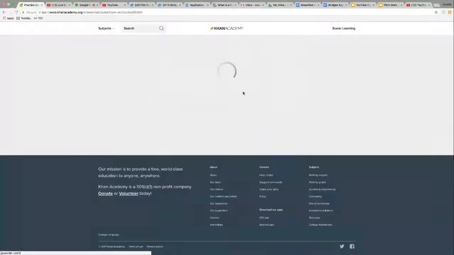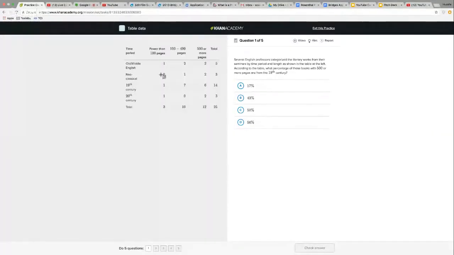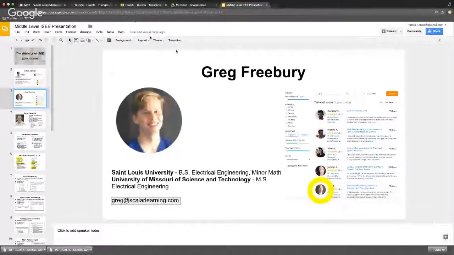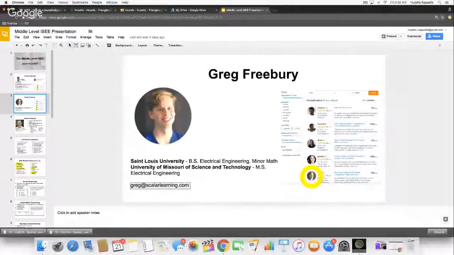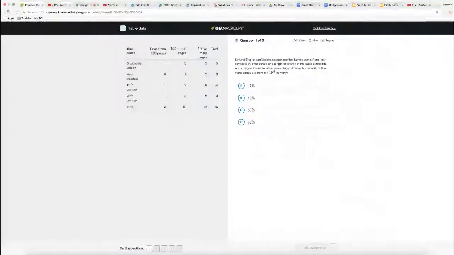Let's jump onto the share screen. Happy Friday, everybody. Here's the section, table data. Again, as always, I haven't seen these problems before. I'm seeing them for the first time with you, so we are all solving them together. Let me just minimize this. This thing keeps popping up in the middle. All right, there we go.